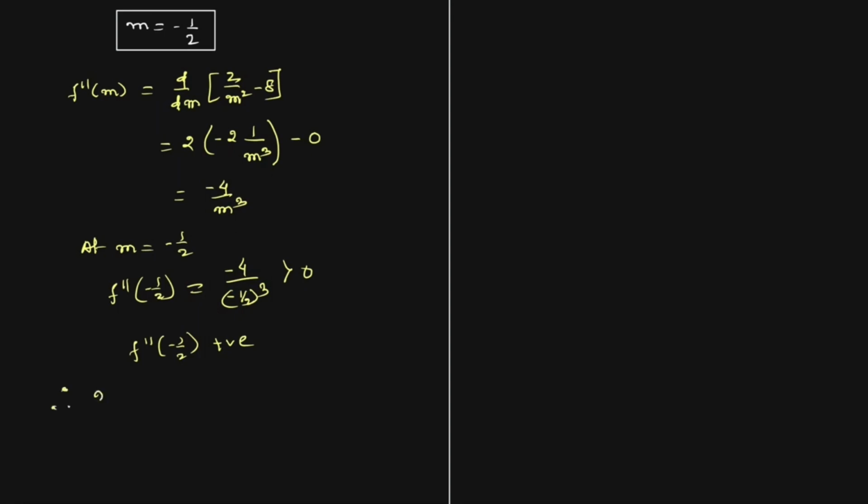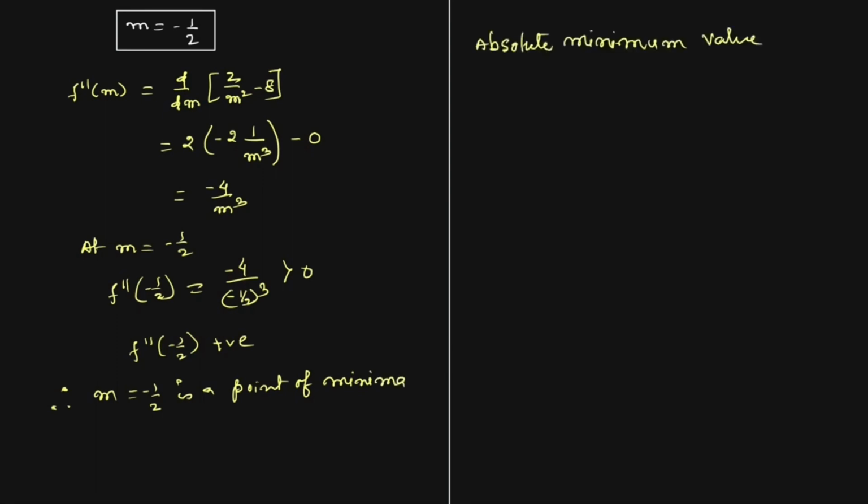Therefore, m equal to minus 1 by 2 is a point of minima. So, the absolute minimum value, that is OP plus OQ, which we take as f(m), is equal to 10 minus 2 by m minus 8m.